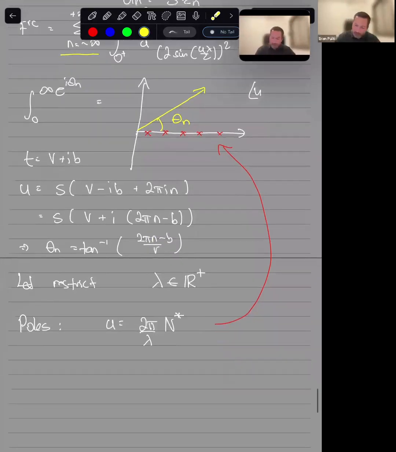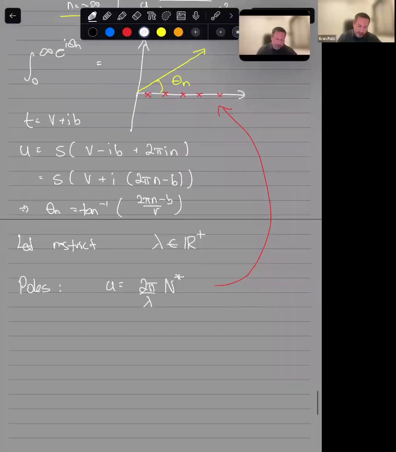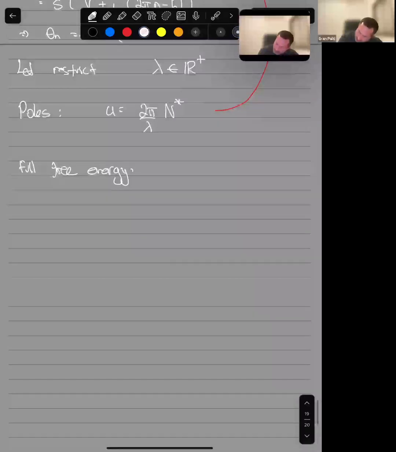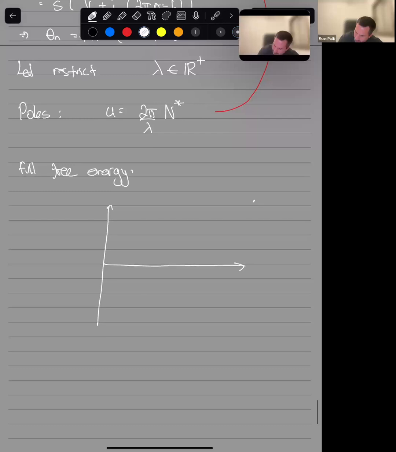So when we think about the full free energy, in the u plane we're going to have a sum over integrations along an infinite number of angles here.